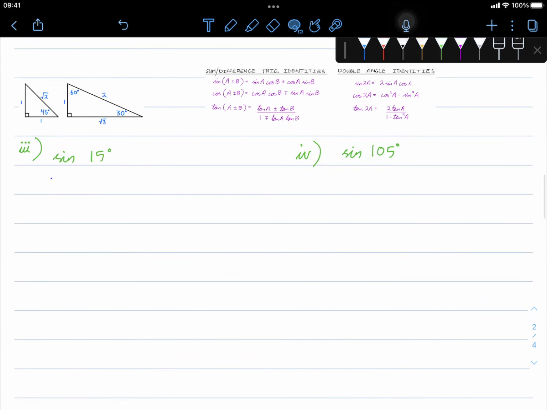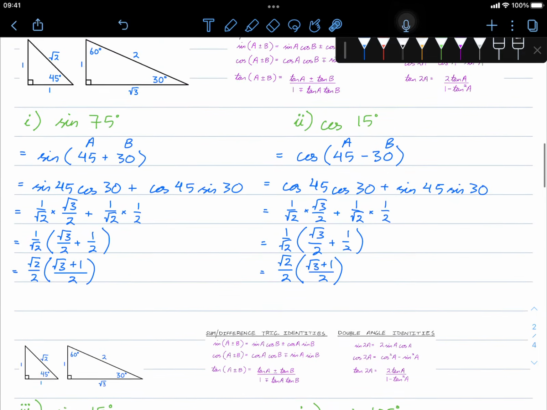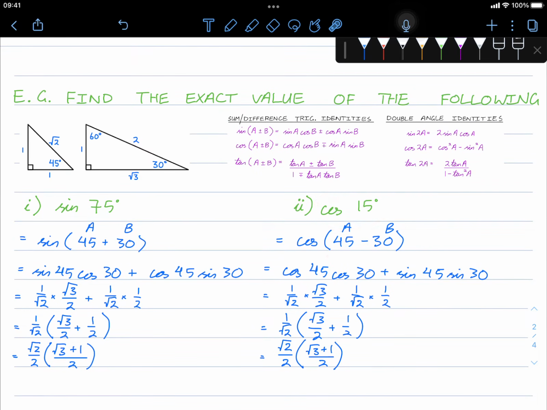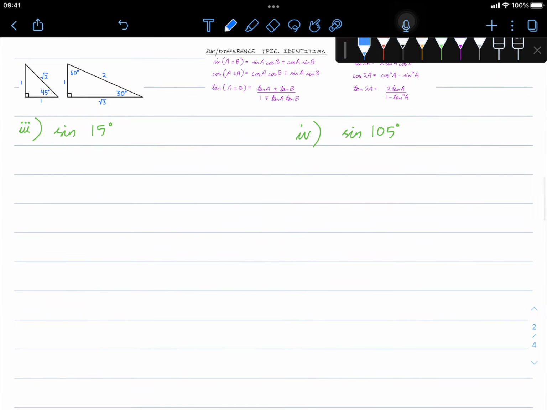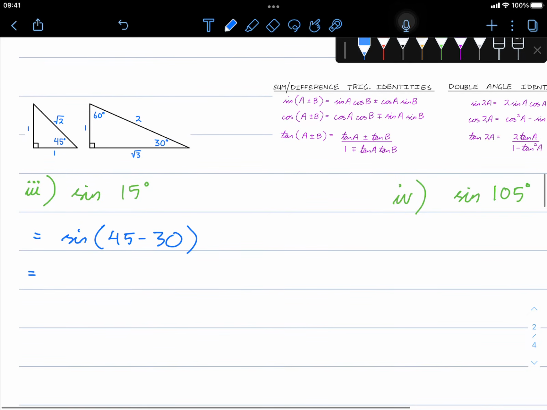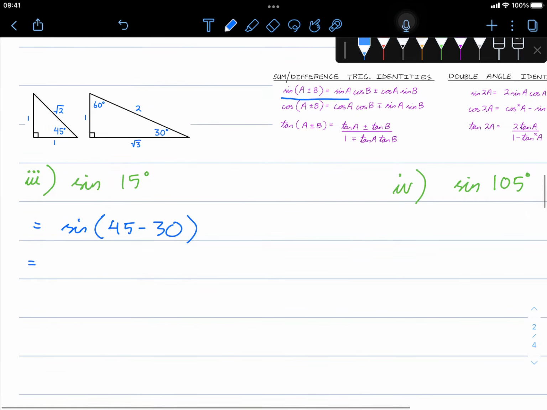This one should be a little bit trivial for you because you just saw that cos 15 was 45 minus 30. We're going to apply the exact same logic here. So sine 15 is sine of 45 minus 30. So sine 45 minus 30 is the difference of two angles.